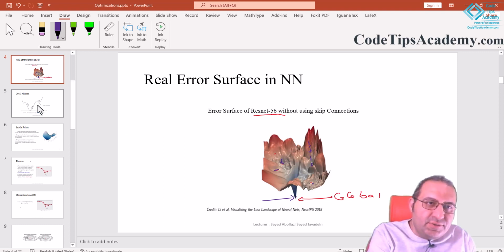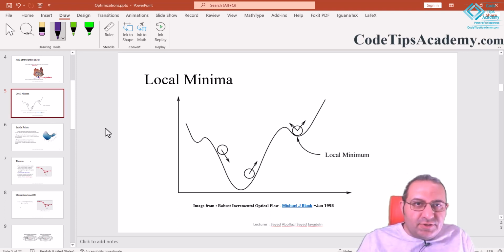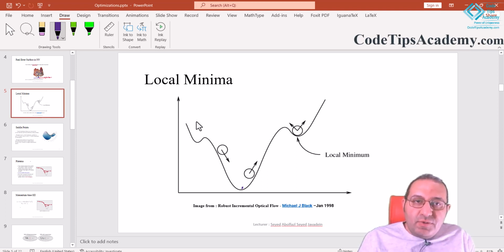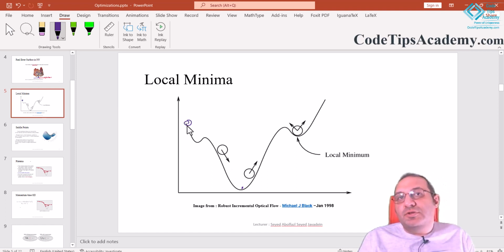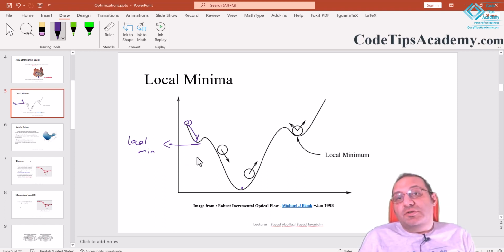This is another loss function, in a little easier form. Maybe you start training your network and your initial weights are here, and you may get to the global minimum. But maybe you start your initial weights from here, and you get stuck in a local minimum, not the global minimum. This is not suitable for training a neural network.